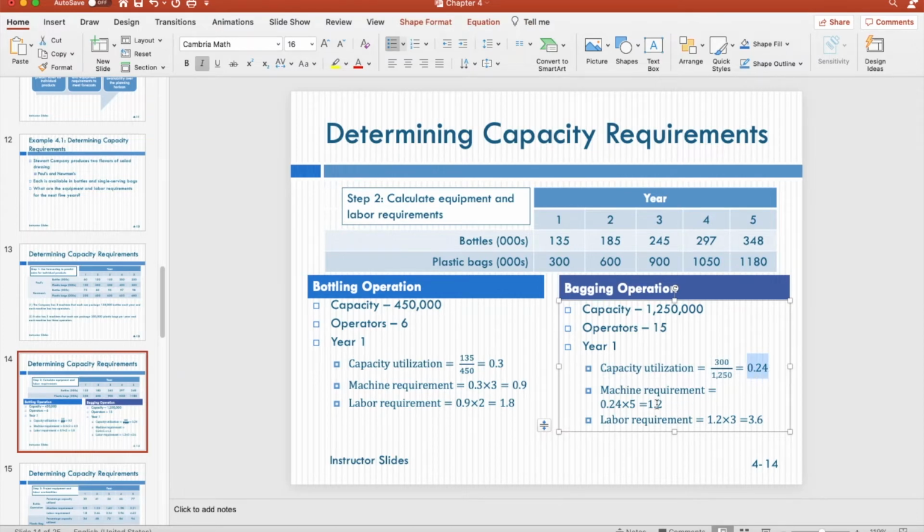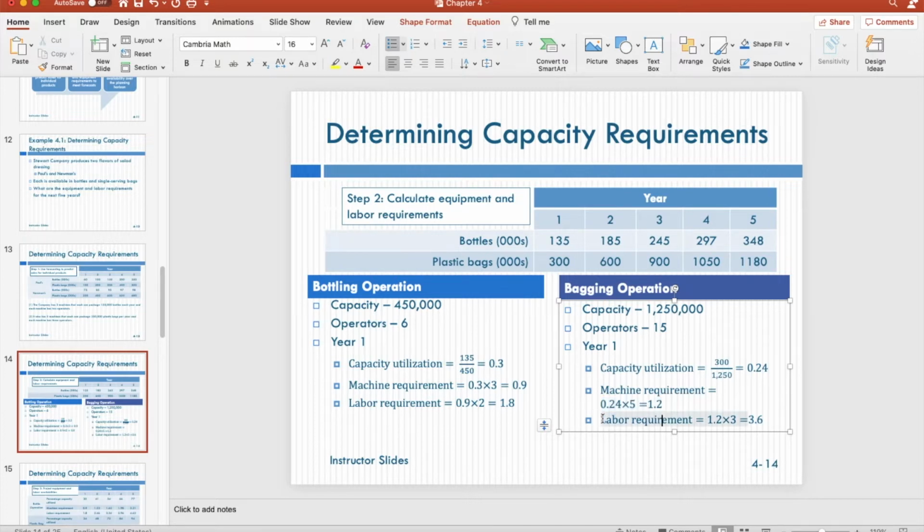That's why the amount of machines you are using is 25% times 5, which is 1.2. It means that out of those 5 machines, you only use 1.2 machines. That's based on the effective percentage of utilization, and that's why we get this 1.2.